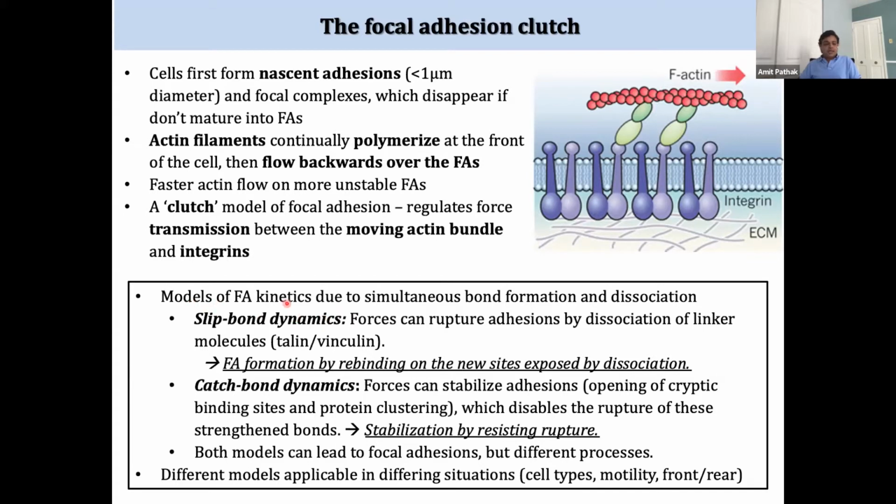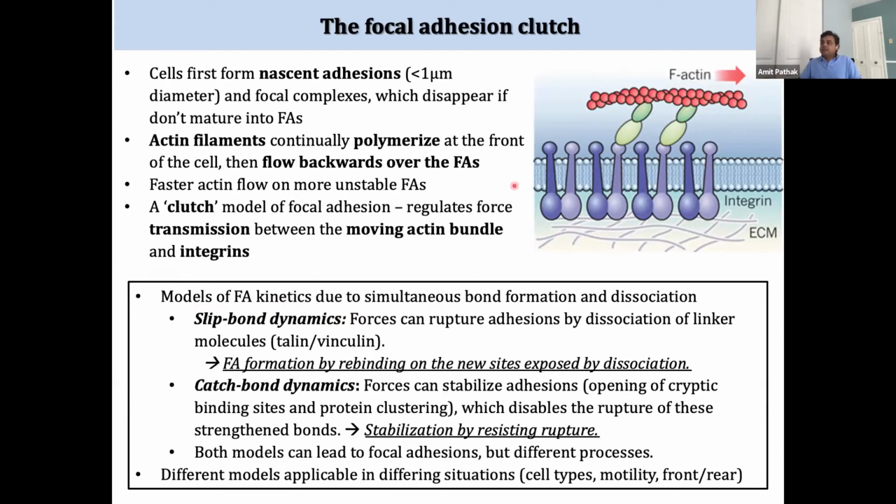So focal adhesion kinetics leads to two different types of bonds. There is slip bond kinetics. Here, forces can rupture adhesions. If it's only a slip bond, the role of forces is to rupture any adhesions that are there. Because of the rupture, there will be new sites available for focal adhesions.